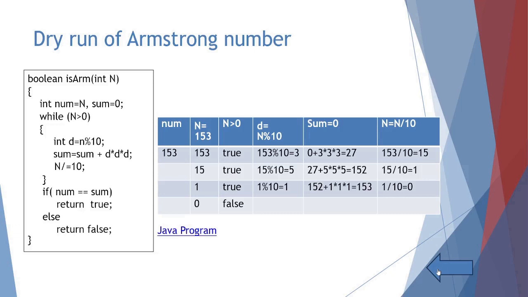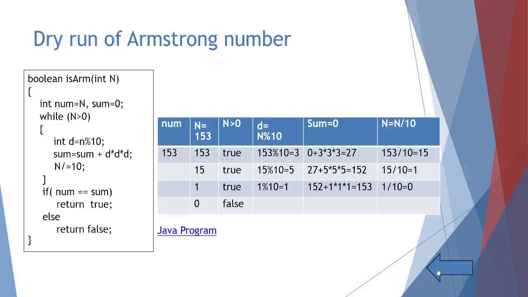Third iteration. Is 1 greater than 0? True. 1 modulo 10 is 1 only. 152 plus 1 cube is 153. Now n is equal to n divided by 10. 1 should be divided by 10. 10 zeros are 0. 1 is the remainder, but the quotient is 0. That means n is 0.